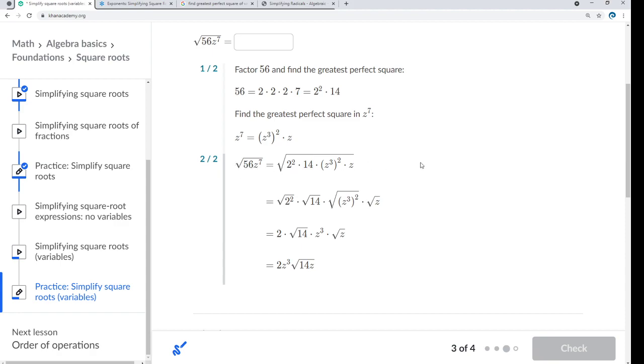So 56z7 is equal to 2 to the second power times 14 times z to the third raised to the second power times z, square root of z. So then they separate everything that needs to be multiplied out. And they squared this.